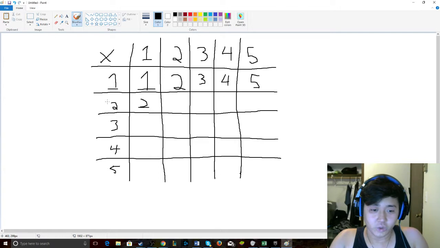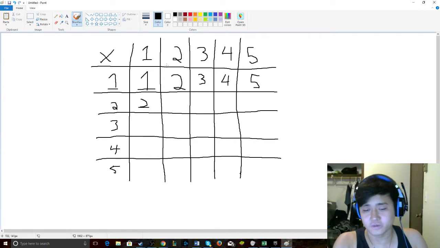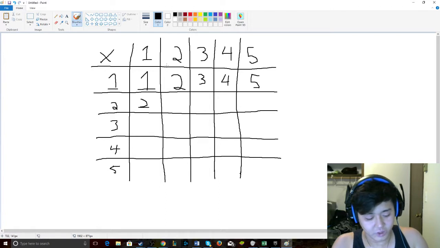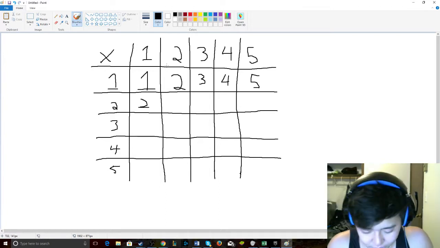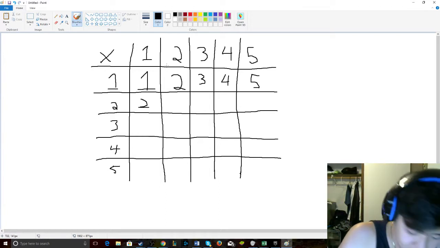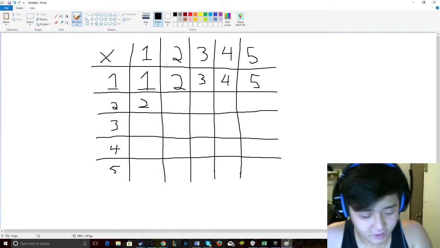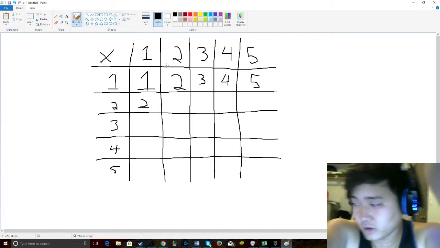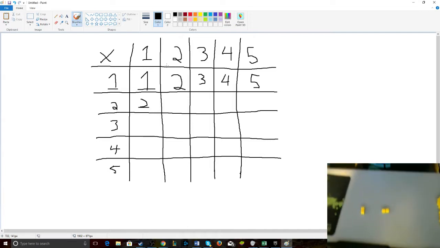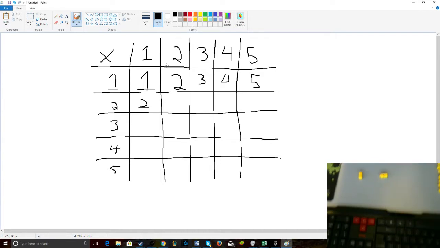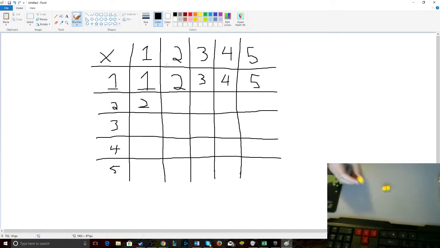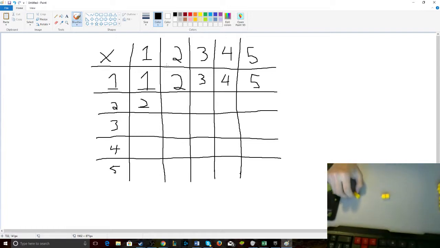Now we're going to have 2 times 2. So that would mean that we have 2 groups of 2. So when we have 2 groups of 2, as I set up the block area down here, we have 2 blocks.